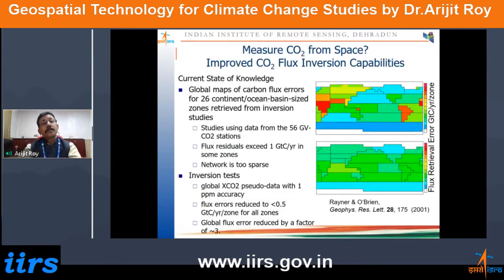But the carbon dioxide can also be measured from the various sensors which we have put on the satellite platforms in space. For example, we have various databases which show us the carbon flux and their inversion capabilities from space-based platforms.